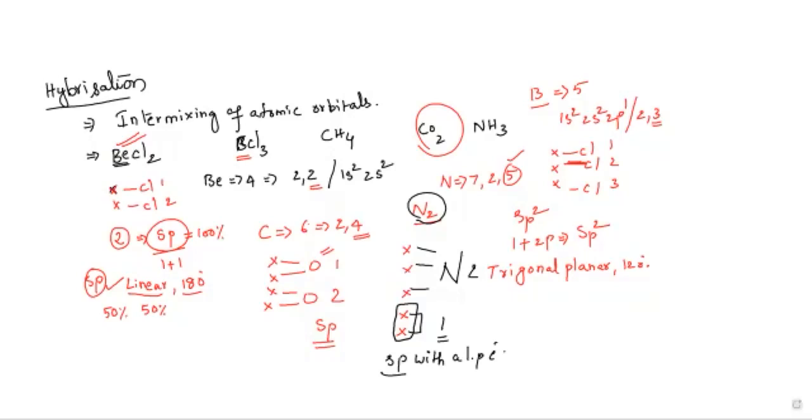One more case: suppose it is SO4 minus 2. In this case, sulfur is the central atom and oxygens are surrounding atoms. Whatever charge is mentioned, that charge belongs to the central atom only. If they specify a negative charge, it indicates we need to add that number of electrons to the central atom.